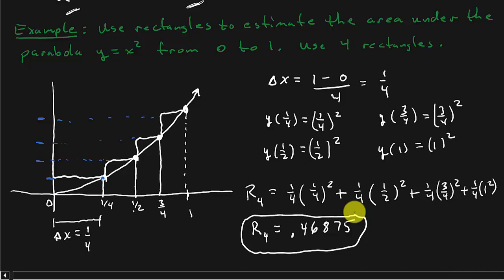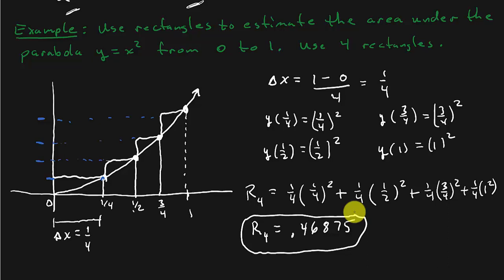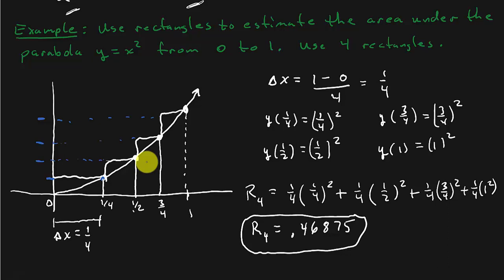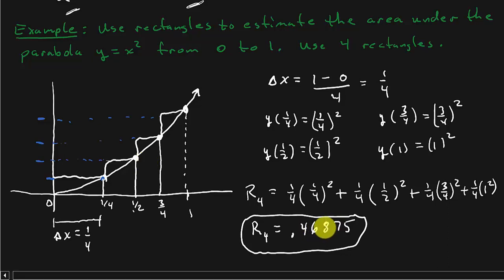Now, that's the area under this curve, an approximate area. And of course, it's not the correct area, is it? This area that we found is actually larger than what the area should be, because you see how these rectangles stick out above the graph?